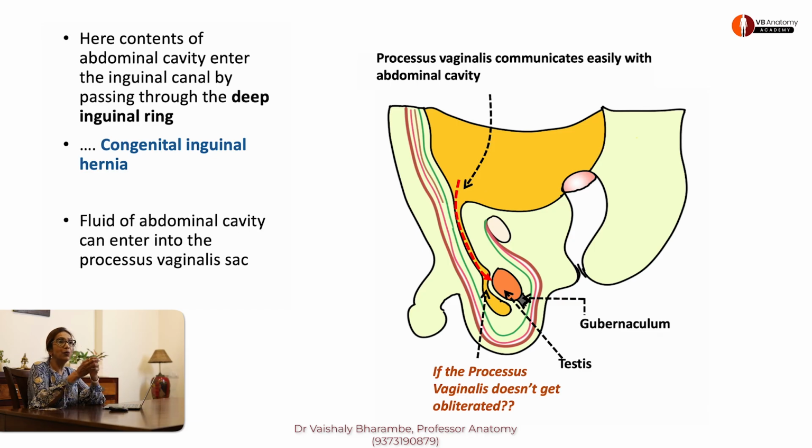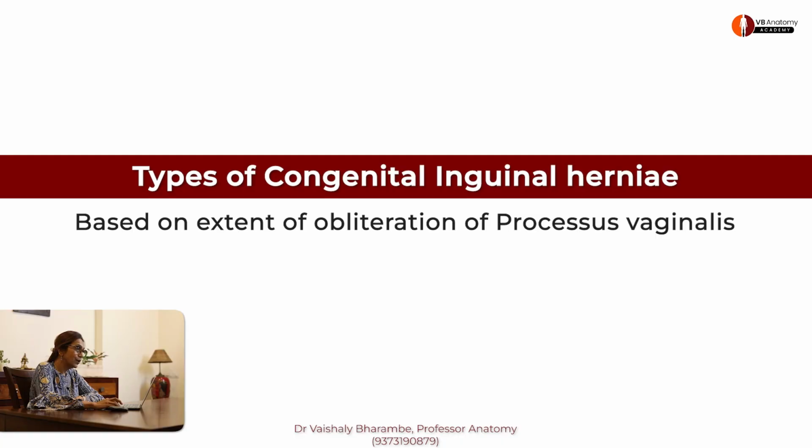Or the fluid of the abdomen can enter through this processus vaginalis tube, resulting in collection of fluid in the scrotum, causing hydrocele. So when the processus vaginalis remains unobliterated, it can result in congenital hernia, and it can result in hydrocele. Okay?